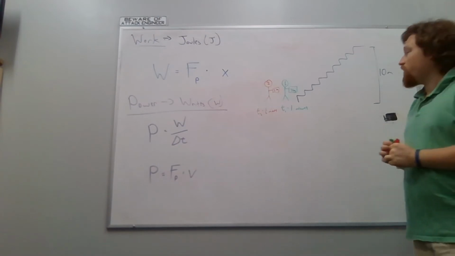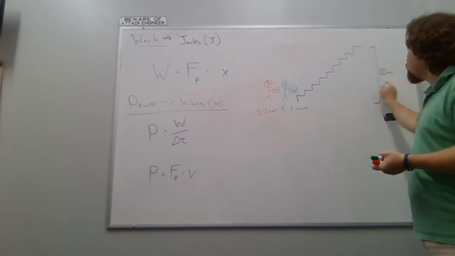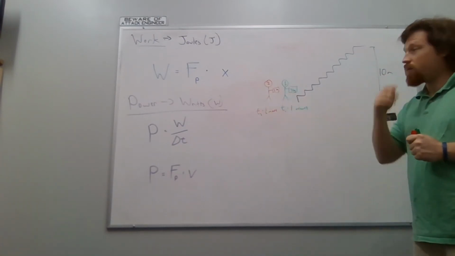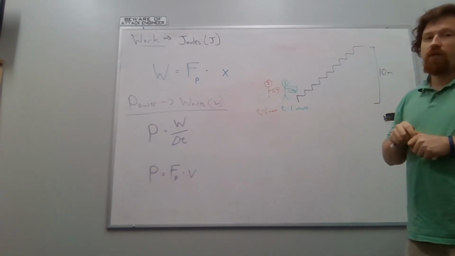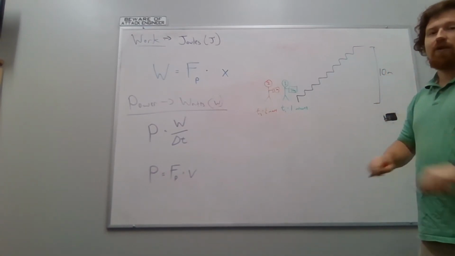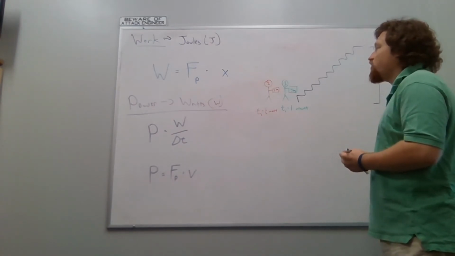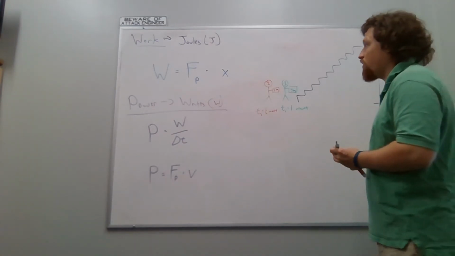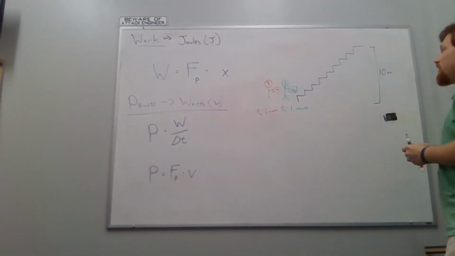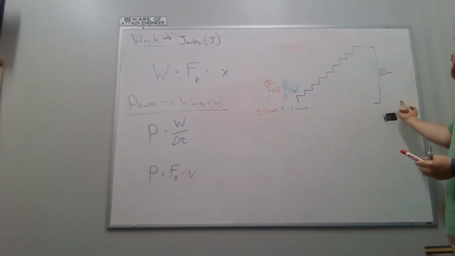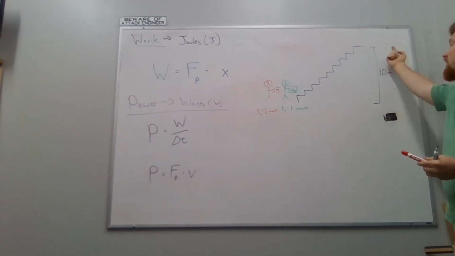So, we've read the question, we've drawn our pictures, we've been listing our variables, so now let's start working on the problem. The first thing we were asked is, which person does more work? So the first thing we need to do is find how much work each person is doing. These boxes are being lifted 10 meters vertically upwards.